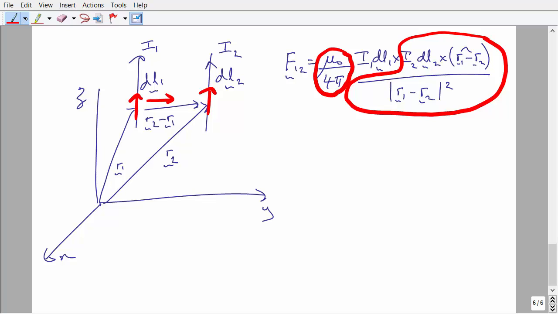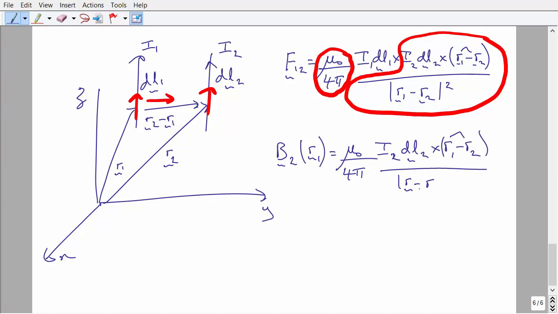Right, so we'll write that in the following way. Alright, so there we have grouped all of these pieces together. So here the magnetic field due to element 2 at location R1 is proportional to I2 and drops off as the square of the distance between them.